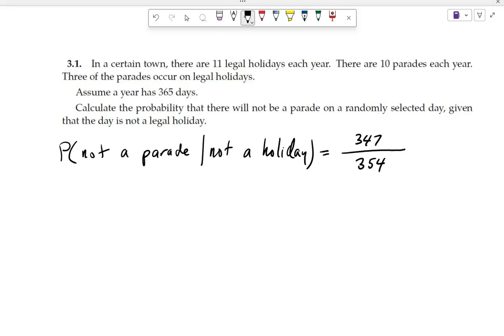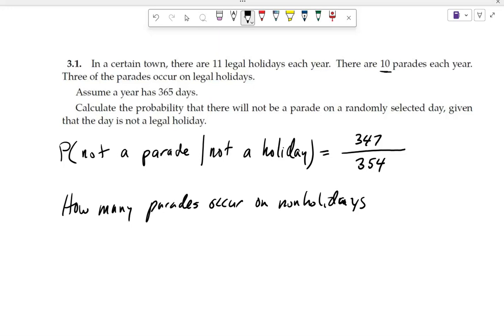Okay. Yeah. All right. So first thing I said was, how many parades occur on non-holidays? How many total parades occur on non-holidays? 10 parades, 3.